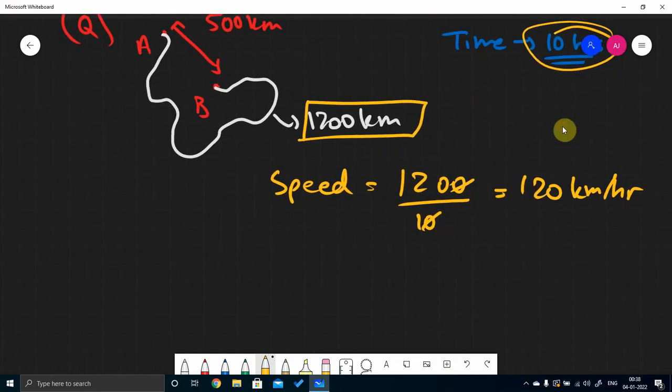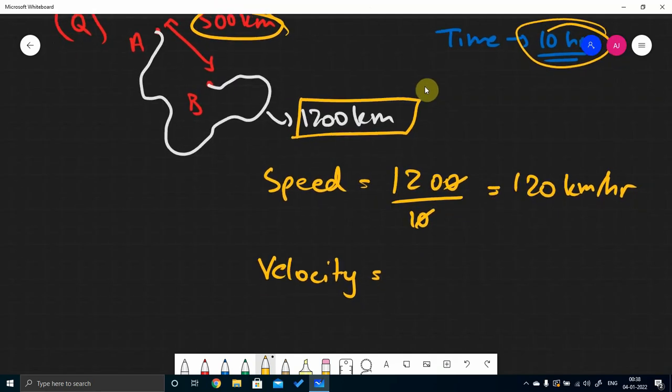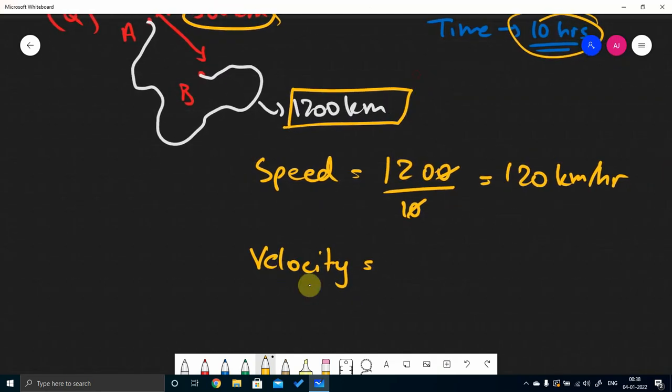But when we talk about velocity over here, that's going to be the displacement covered, right? Displacement is basically 500, time is again 10. So here it's going to be 50 kilometers an hour.